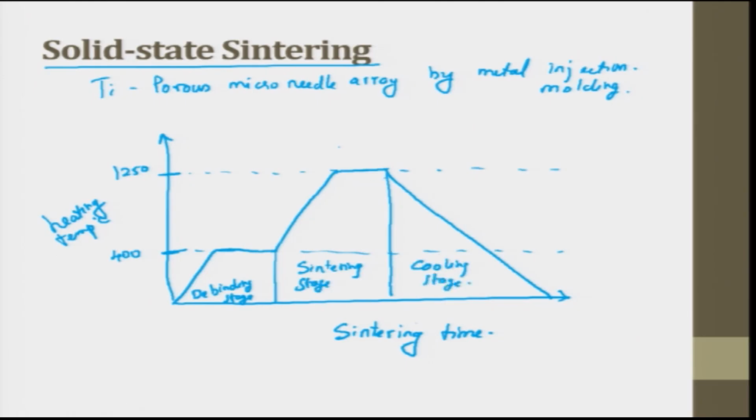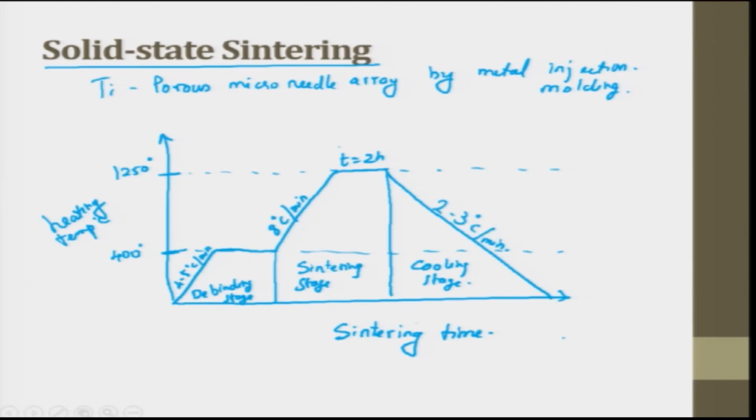Okay. So, here you hold it for 2 hours at 1200 degrees Celsius, and here you will increase at 8 degrees Celsius per minute to go to this. So here you will try to take 4 to 5 degrees Celsius per minute, and here you will try to take 2 to 3 degrees Celsius per minute.